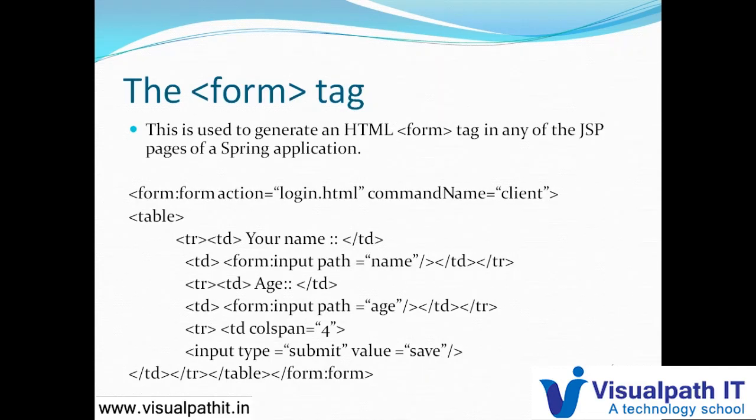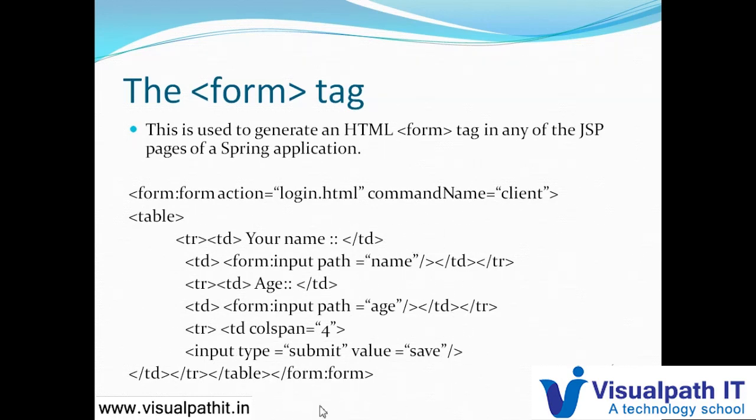We can imagine this as an application form wherein we have the name and age to be entered by the user. The user will enter the name and the age and submit. Submit is as good as saving it to the DB. So this is the syntax for the form action. This is the login page.